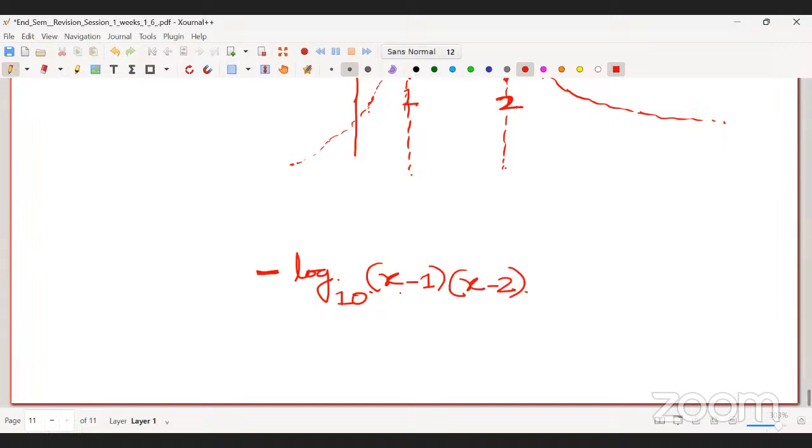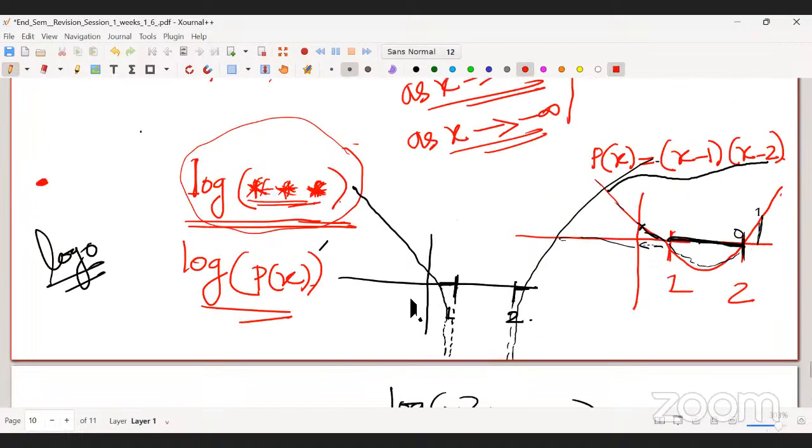So if that is my given function, would the graph be the same graph that you have drawn right now? No. It will be the minus of this graph. If this is a point (a, b), then instead you will get (a, minus b).